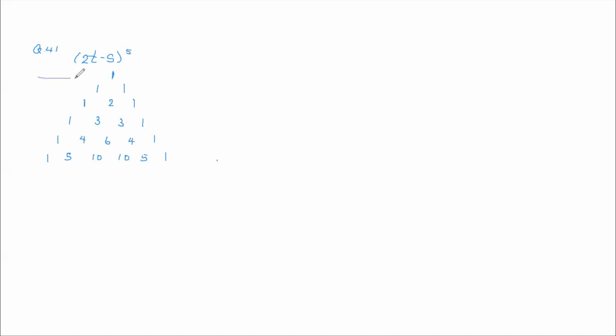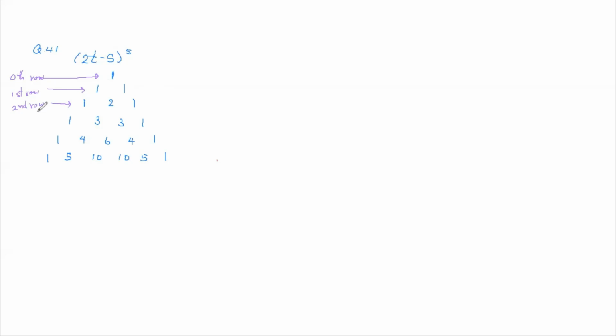For this one we call it the 0 row, this one the first row, and this one the second row. Don't forget, we learned this already in the last lecture, so you can go back to review. The second row is index power 2, so you have 3 terms, and power 5 means it must have 6 terms.